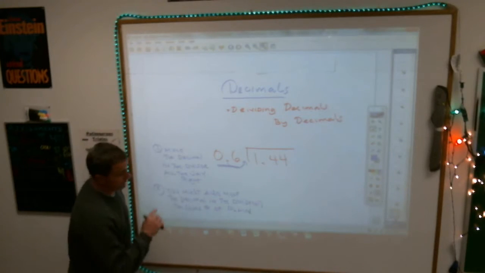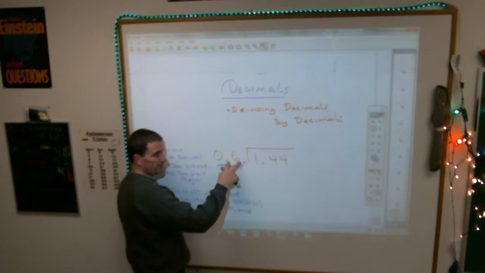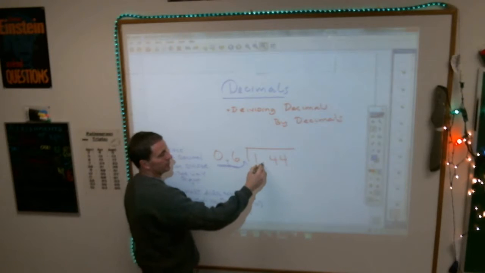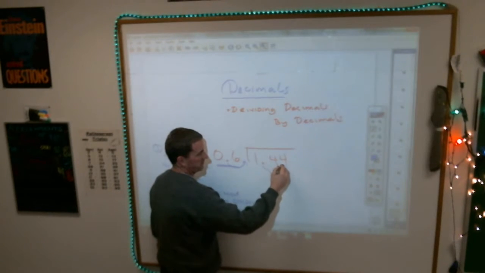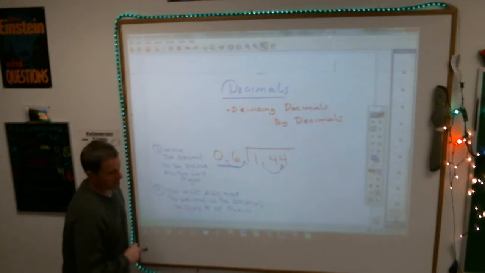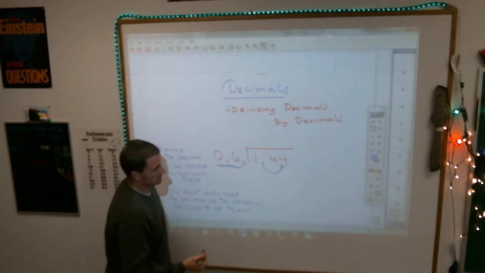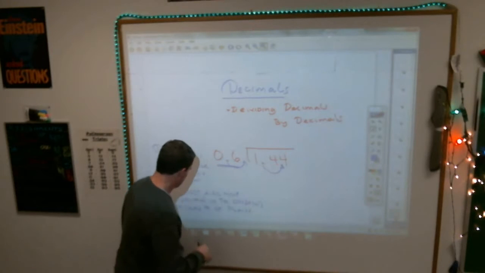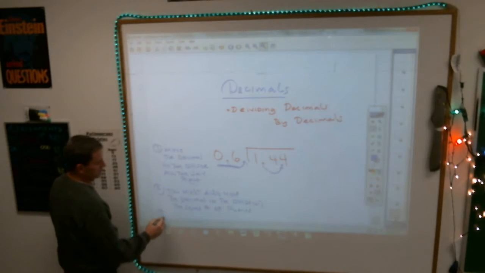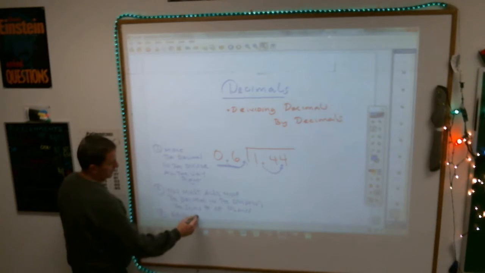Which means this: if you move this one place to get rid of it in your divisor, you also have to move this the same number of places just to balance it out. And then step number 3 is then you can bring up your decimal and divide.